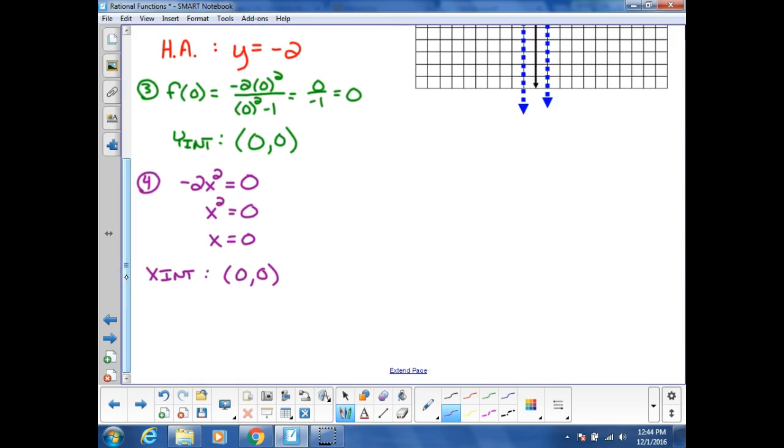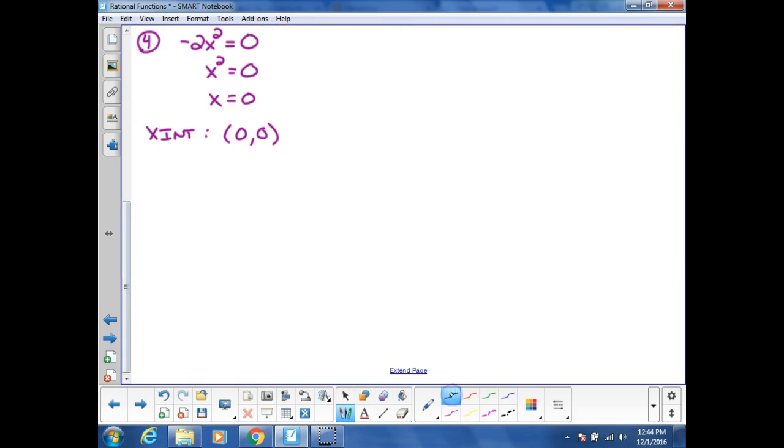And remember that double roots kiss the x-axis and go away.